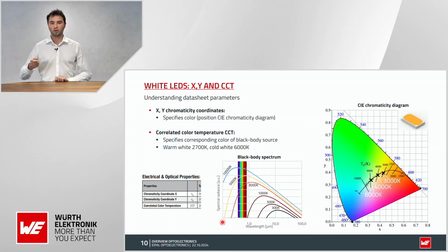So the idea of LEDs is to make something similar to this correlated color temperature, but of course only using wavelengths that are in the visible range. If you have a black body spectrum like this, you see a lot of UV and a lot of infrared being emitted.